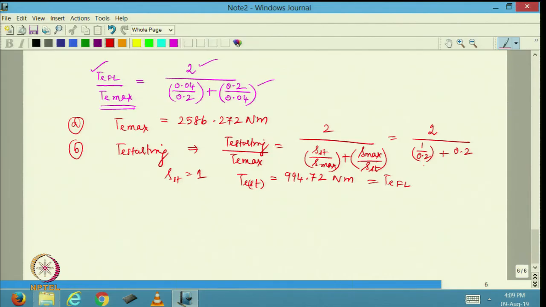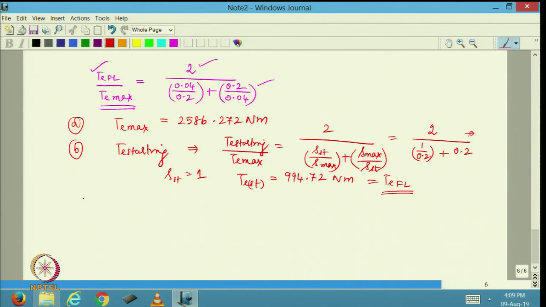Just check it. 1 by 0.2 will come out to be how much? 5, so 5.2. So, 2 divided by 5.2 or something, that is going to be very much equivalent to 0.5, is it? So, that will be equal to 1 itself. That is why you are going to get essentially the full load torque and the starting torque to be equal. Just verify this once again anyway.